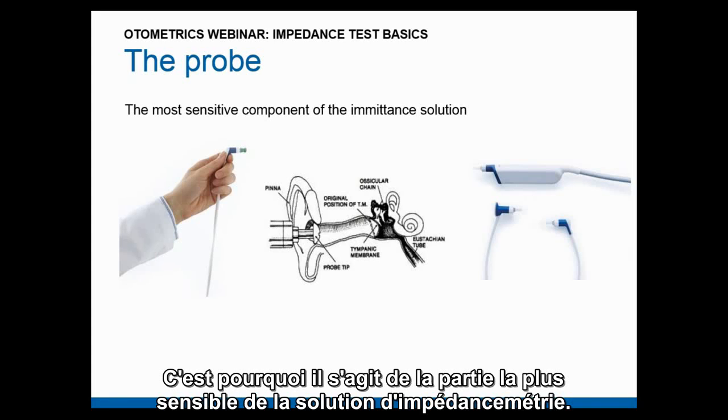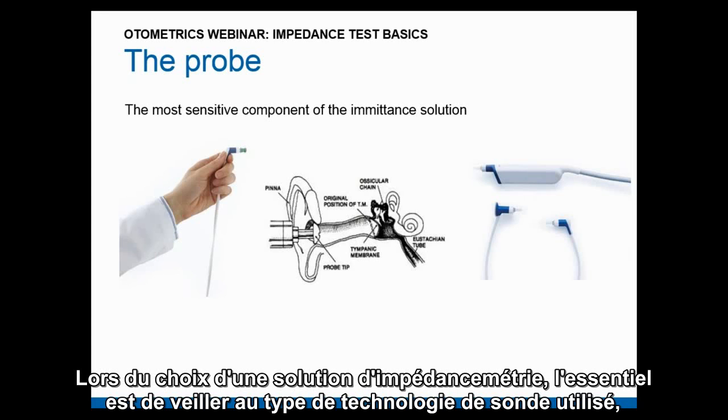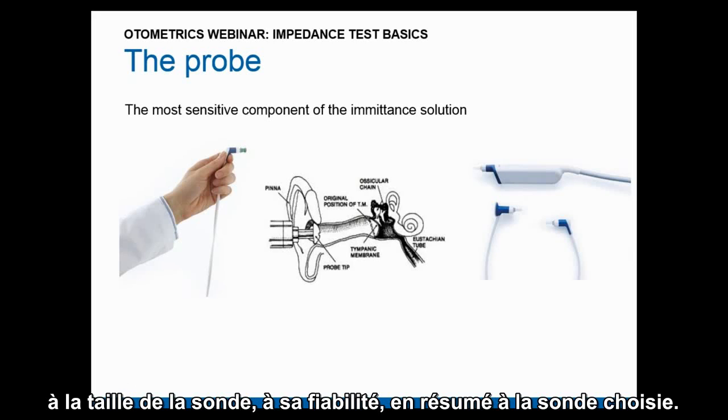So that's why it's the most sensitive part of the immittance solution. So what should we be careful about when we choose an immittance solution is mainly what kind of probe technology you are using, how big is the probe, how reliable is the probe, and basically what is the choice of your probe.